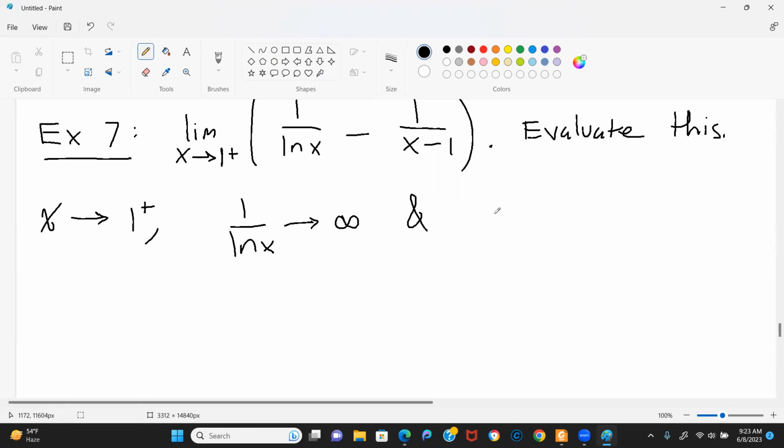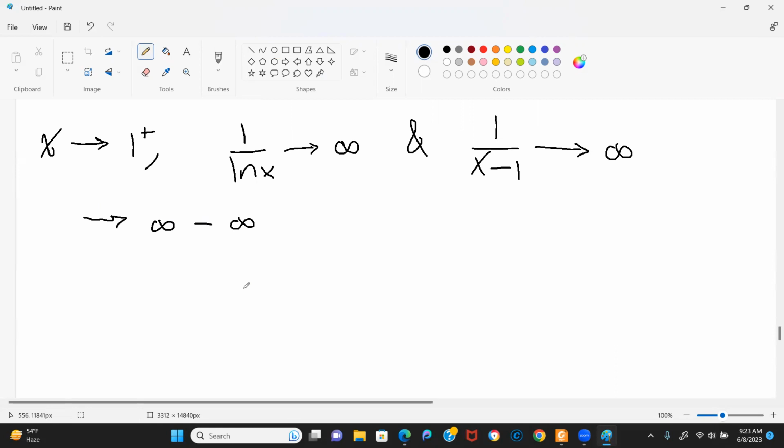And then 1 over x minus 1, we saw this, you just look at the graph, this is going to go to infinity as well. So we get infinity minus infinity. We need to do some sort of manipulation to get one of the primary indeterminate forms, and what we're going to do is just combine the fractions.